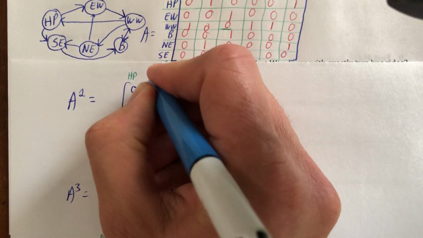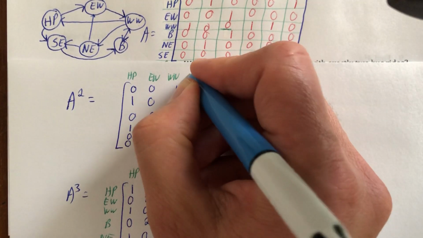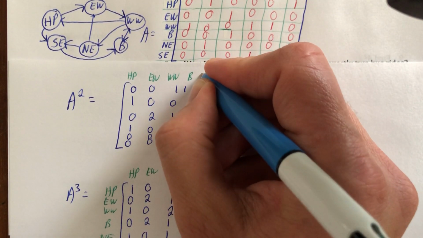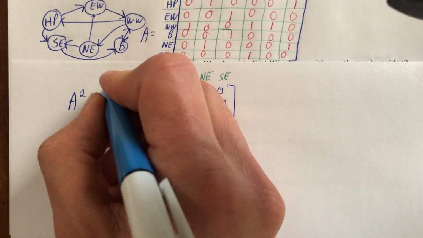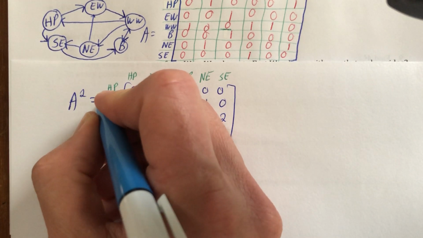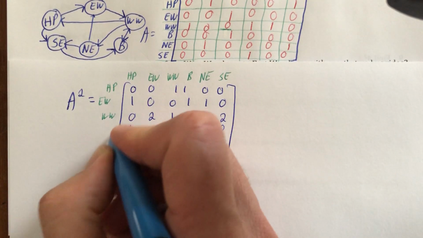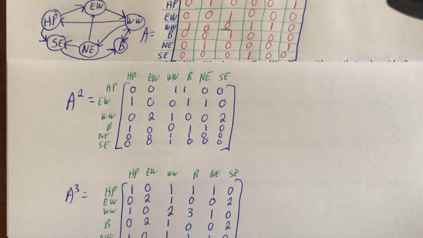High Point Road. If you're not writing all of this, that is totally fine. However, when you are trying to figure out where you got answers to the problems that are about to happen, you might be a little bit stumped. So be careful. Oops, I should say EW, West Wendover, Battleground, North Elm, South Elm. Okay, I have all those written.